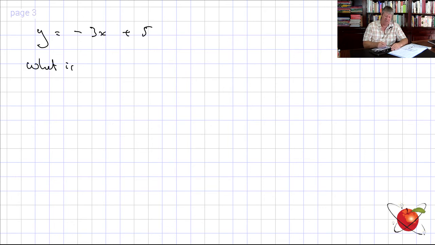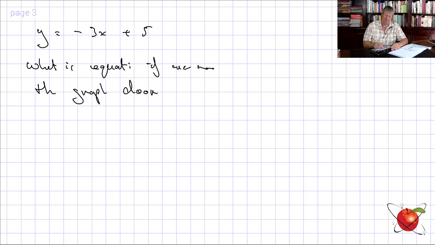What they often do is they say, let us say they tell us y = -3x + 5. What would the equation be if we move the graph down by 3 units?